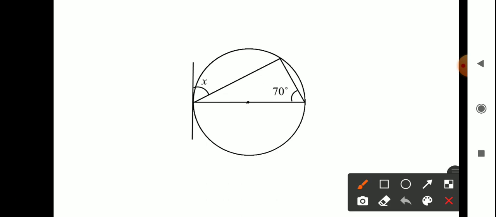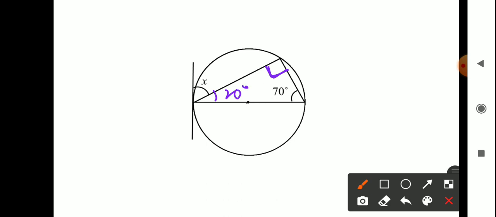Okay. Question number 2. How? You can see diameter. So diameter, you remember this is half a circle, a semicircle. So where is 90 degrees? Here. So if this is 90, this is 70, we have 20 here.